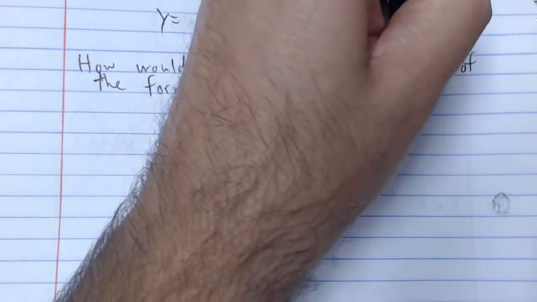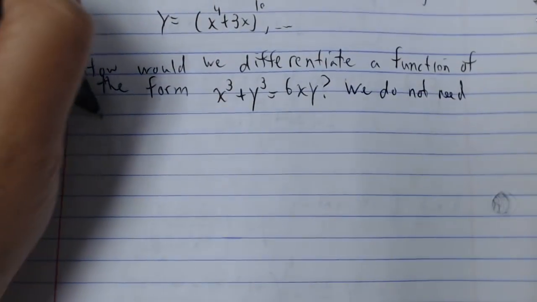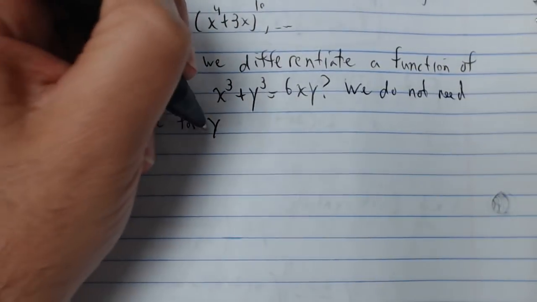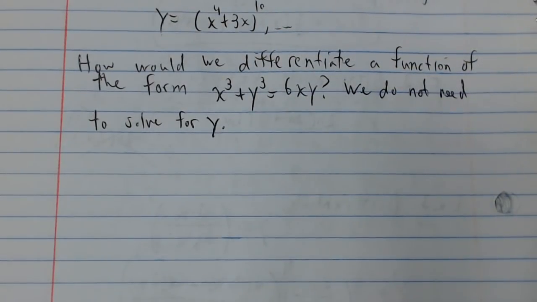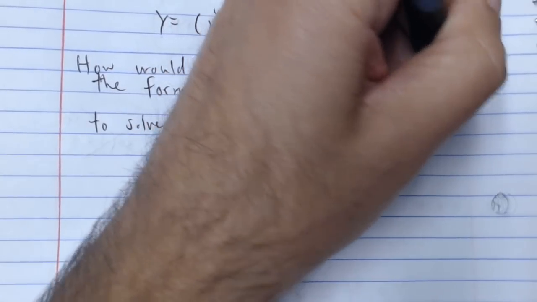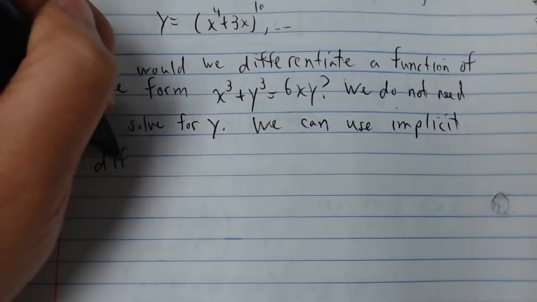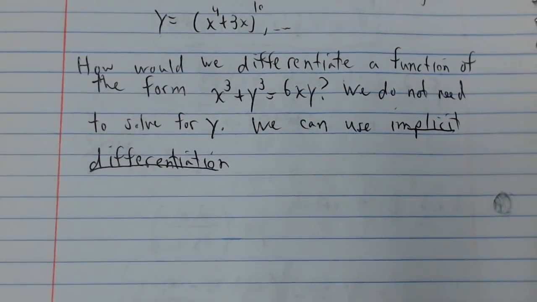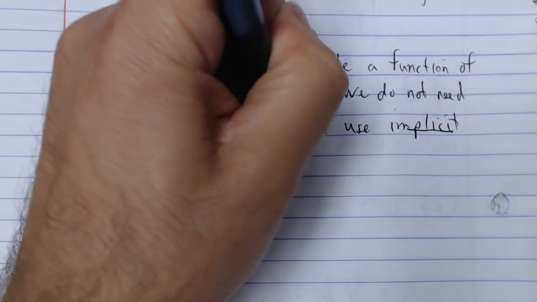Okay, so a comment I want to make here is we do not need to solve for y. Instead, the way we can find the derivative of this is we can use implicit differentiation to find dy dx.